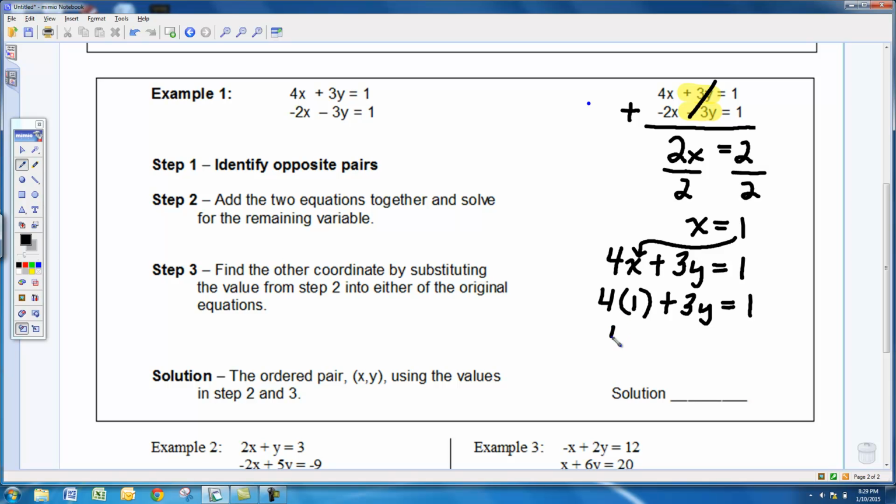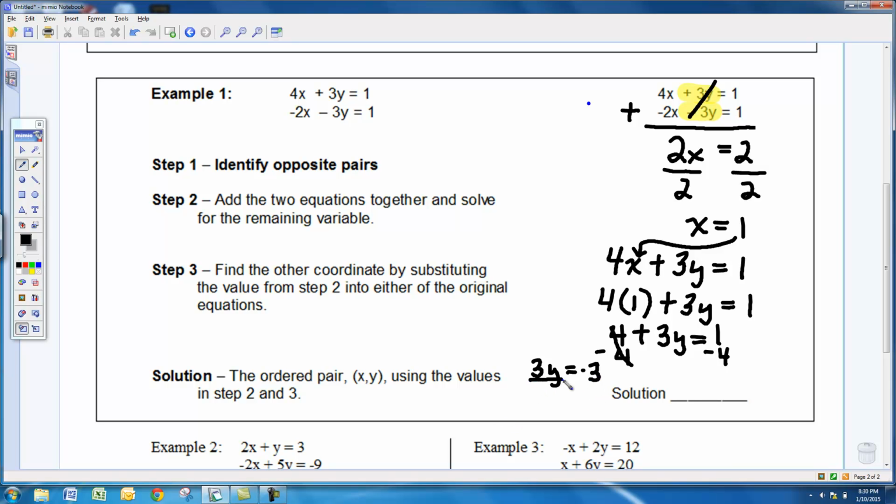4 times 1 is 4 plus 3y equals 1. We will subtract 4 from both sides, and we will get 3y equals negative 3.